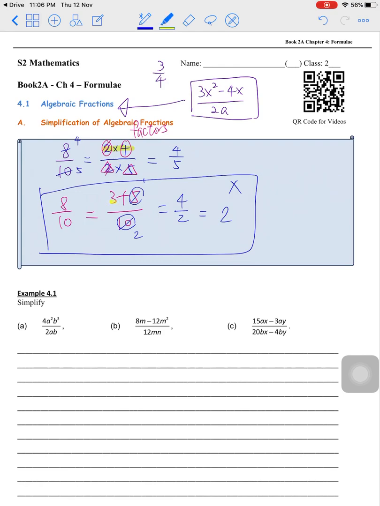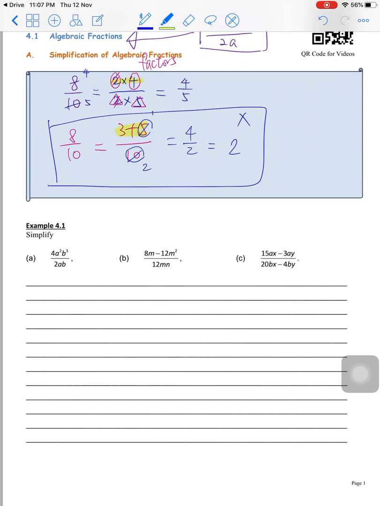This one is wrong, because the numerator 分子 you wrote as 3 plus 5. So this time 3 and 5 are not factors of 8, so we can't cancel them out. We can only cancel the same factors in simplifying a fraction.